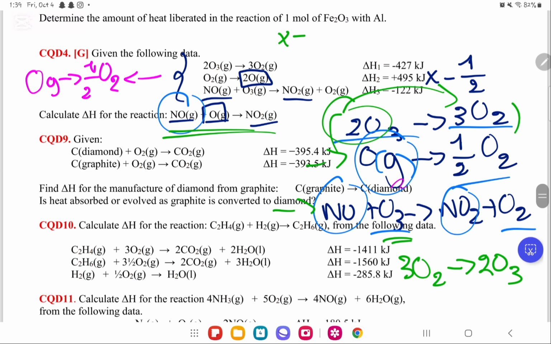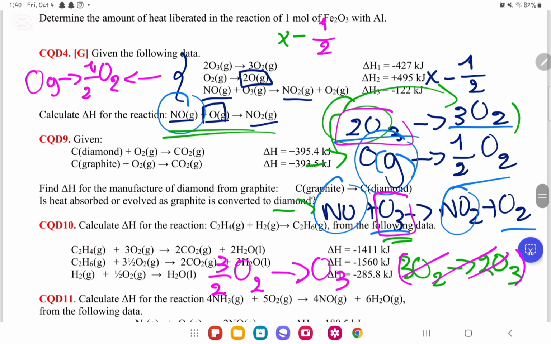Okay, what's the next step? The next step is O3. It is 1 more. Then we need 2O3 to become 1 more, so we're gonna multiply it by 1/2. That means our equation is no longer this, it is now 3/2O2 gives us O3.